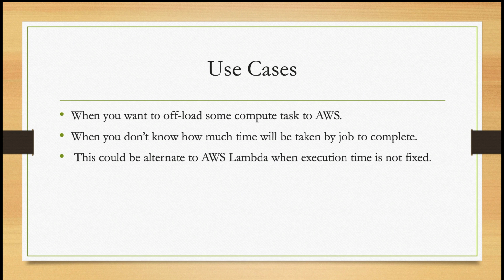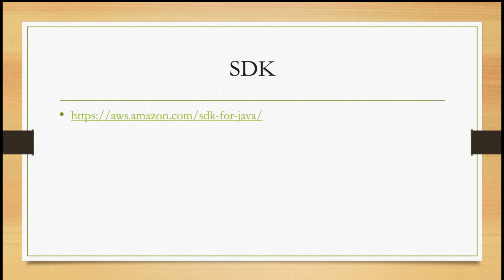So there could be other use cases also depending upon the kind of task that is performed in your application. But I think with this video you will be able to clearly decide for what use cases you can use this Batch service.